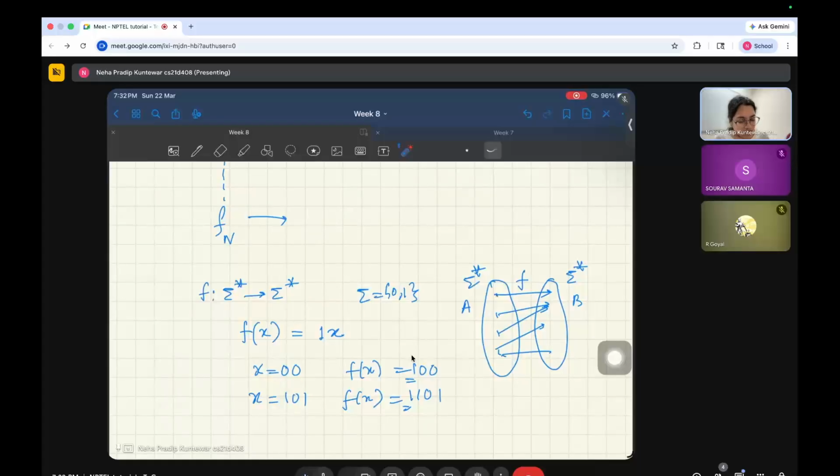What the function does is tell you what to map each to. If you look at 0 here, you map it to 1 0. If you see a 1 here, you add a 1 before it and map it here. Similarly, if you see a 0 0, you add a 1 before it, and so on. Every element on the left side should get mapped to something on the right side. That's what it says.